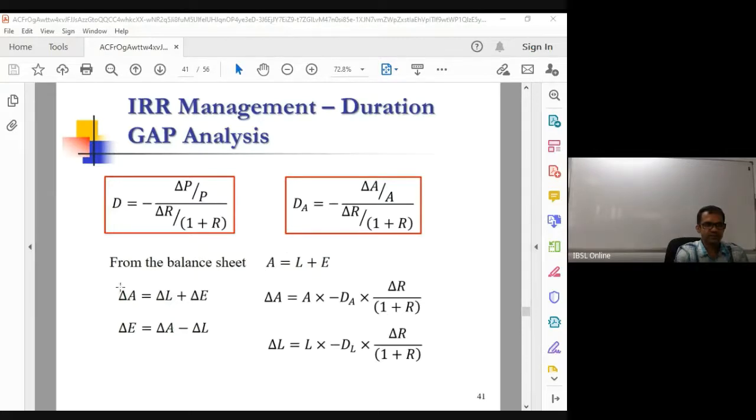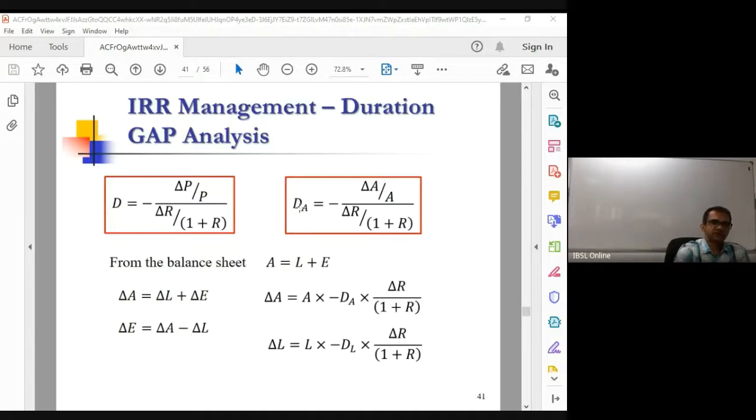So the change in asset value is equal to the change in liability value plus the change in equity value. From this equation, we can get the change in equity value as the difference between the change in asset value and the change in liability value. So remember this: change in equity equals change in assets minus change in liabilities.